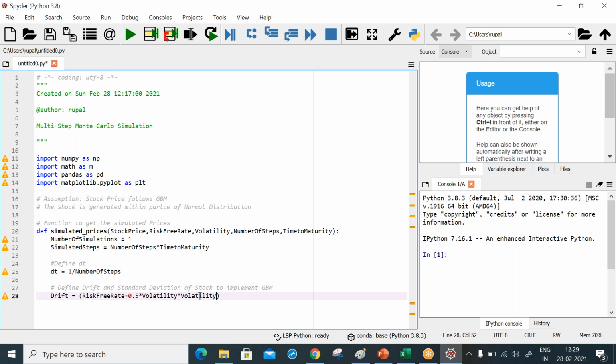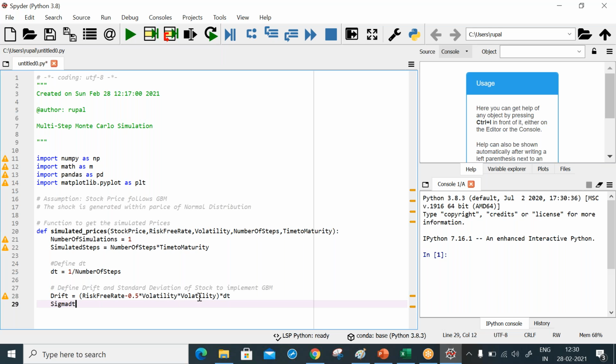So risk-free rate minus half sigma square. That is your drift. Yesterday itself I said that there is a difference between drift and expected rate of return. Don't get confused that drift is equal to your expected rate of return. It is not. And of course, multiplied by dt, the variable that we had. That is actually our drift.